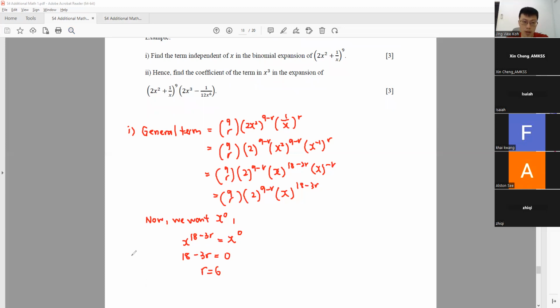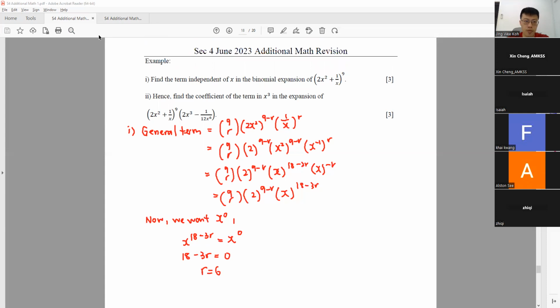So when r is 6, the term independent of x is, put the r back into here, 9, 6 to the power of 9 minus 6.